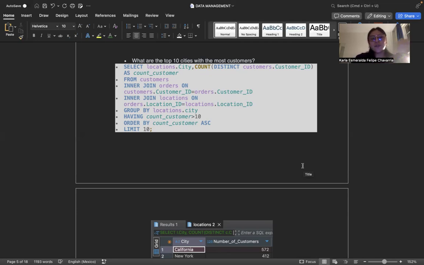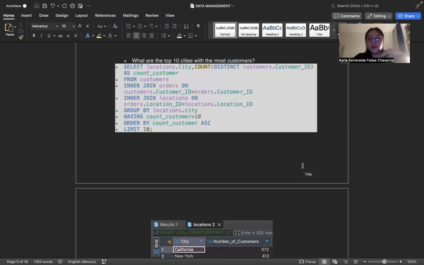So I use orders, because orders has the customer ID that can be linked with the customers table, and also has the location ID, which can be linked to the locations table.